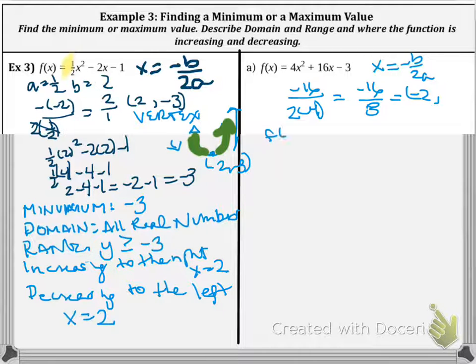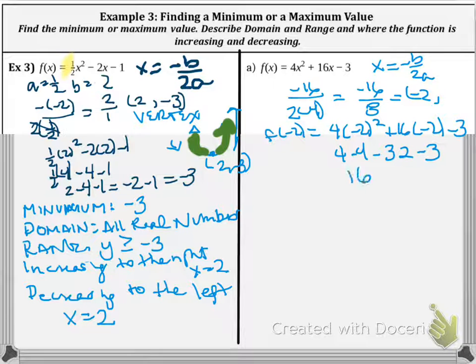Now plug it back in to get the y value. So this is 4 times negative 2 squared plus 16 times negative 2 minus 3. So this is 4 times 4 minus 32 minus 3, or 16 minus 32 minus 3.